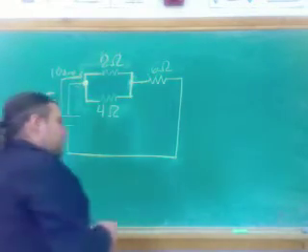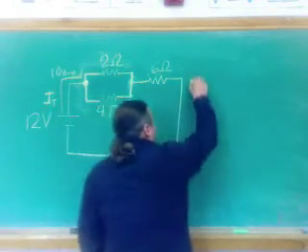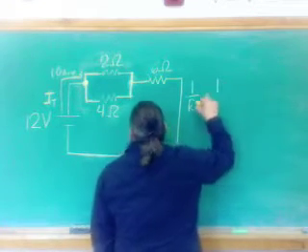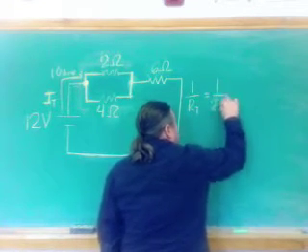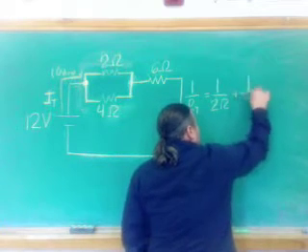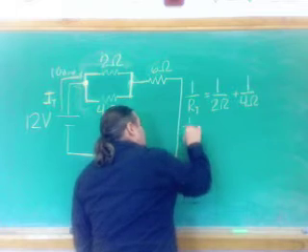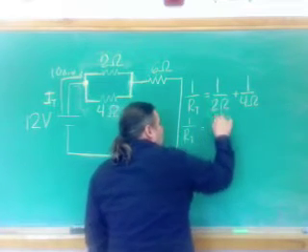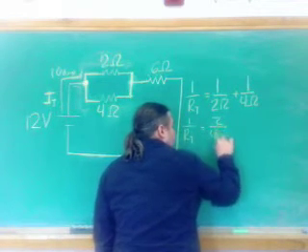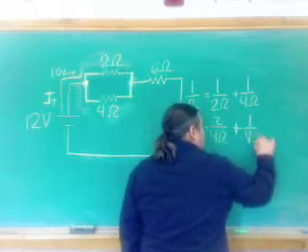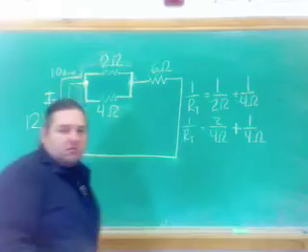So the first thing I want to do is eliminate that parallel circuit. So what's the total resistance in that case? Well, when I deal with parallels, 1 over RT is equal to, in this case, 1 over 2 ohms plus 1 over 4 ohms. So I have 1 over RT is equal to 2 over 4 ohms plus 1 over 4 ohms.